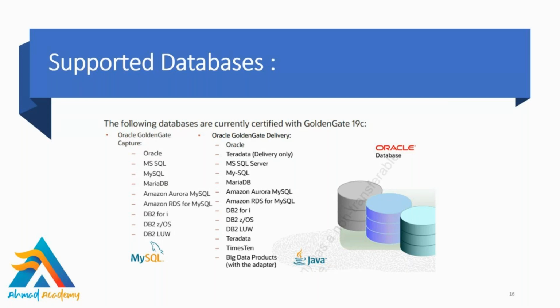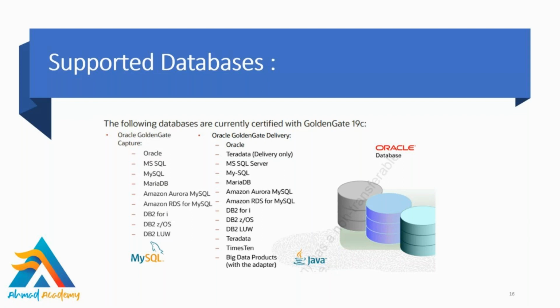to an even wider range of targets, including open source databases, data warehouse applications, ETL servers, Java Message Service, that is JMS, message queues to support service-oriented architecture, that is SOA, and even event-driven architecture, that is EDA.